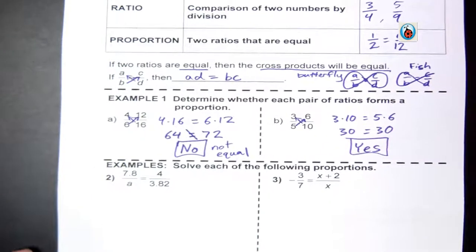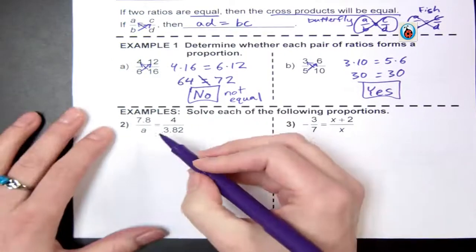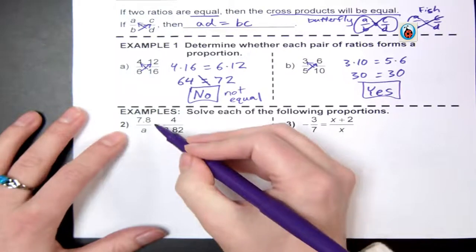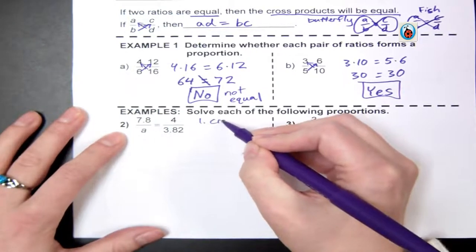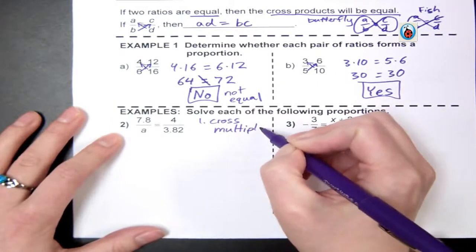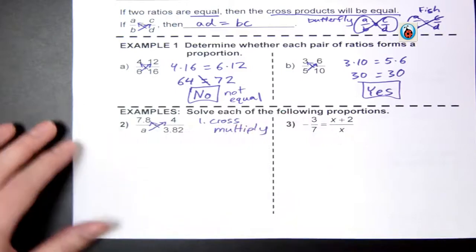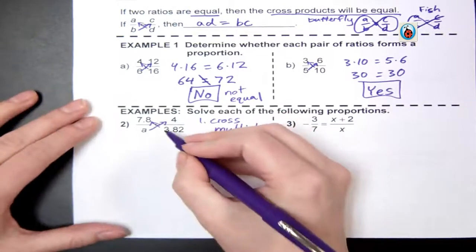So now we move on to where we have a variable to solve for. And so this one we're just going to, again, do the same thing. Step 1 is cross multiply. And so we will be using calculators for this unless you want to multiply all those decimals in your head.